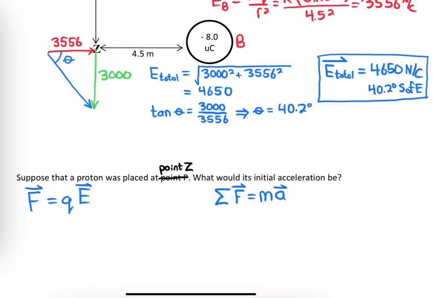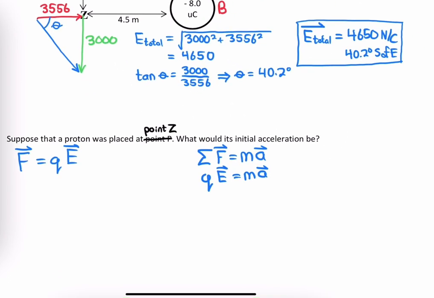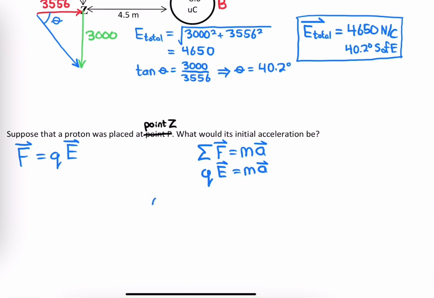So Q times E. Okay, so Q is the charge on the proton, 1.6 times 10 to the negative 19 coulombs. And remember, in this formula, because I do have vector hats, I am going to use positive and negative numbers. So this proton is very intentionally a positive charge. Remember, protons are positively charged.